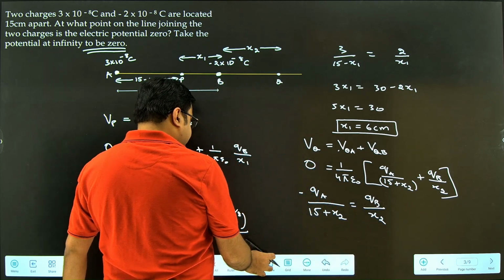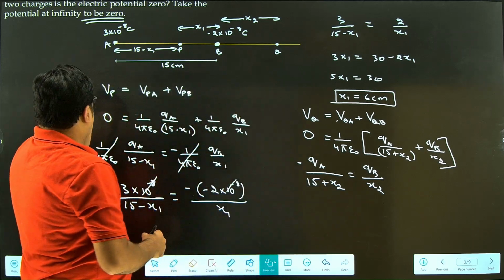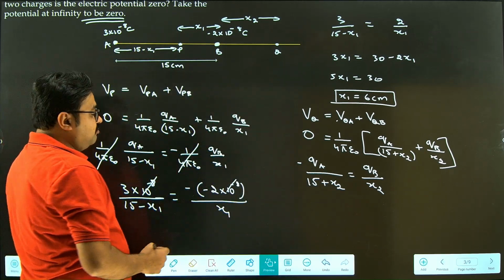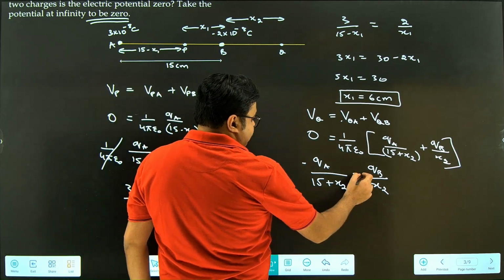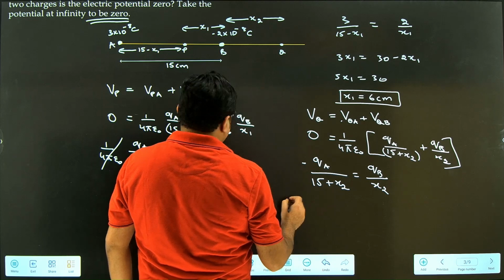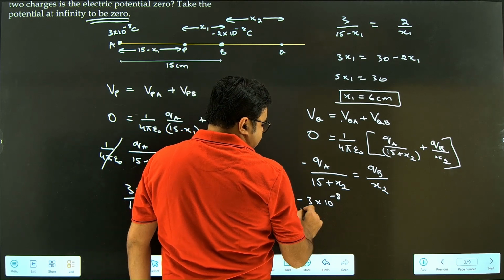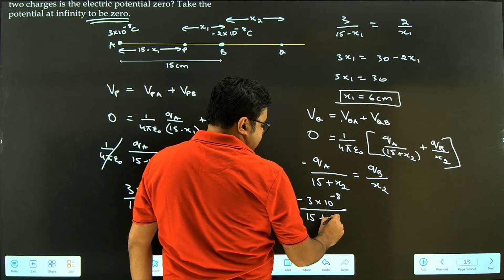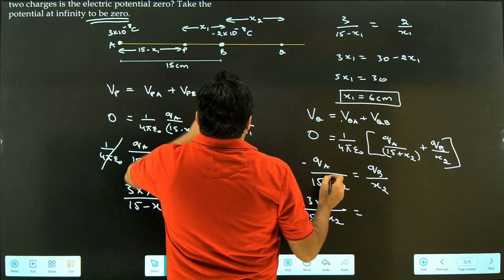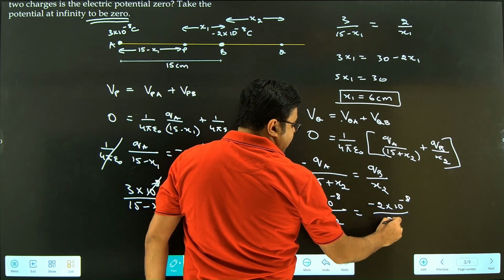Well, going further, QA, my dear friends, is 3 into 10 to the power of minus 8 divided by 15 plus x2, equal to QB, which is minus 2 into 10 to the power of minus 8 divided by x2.